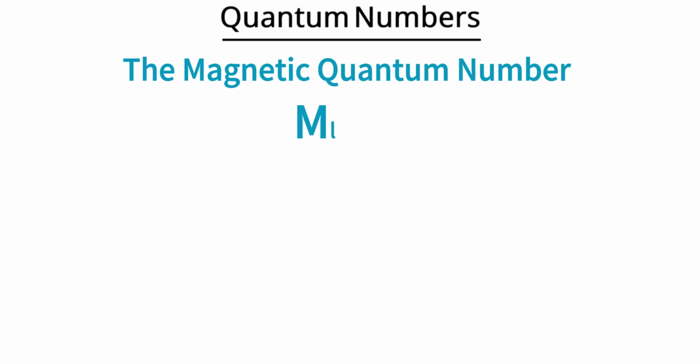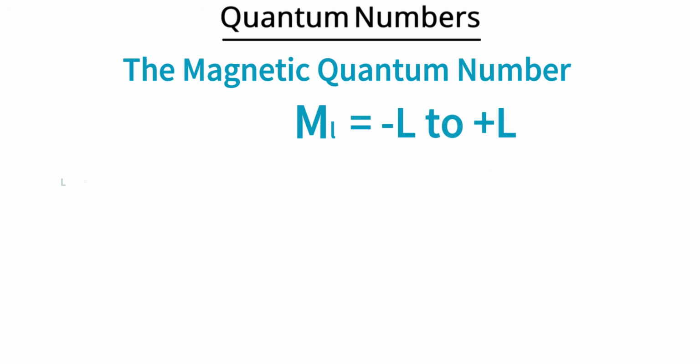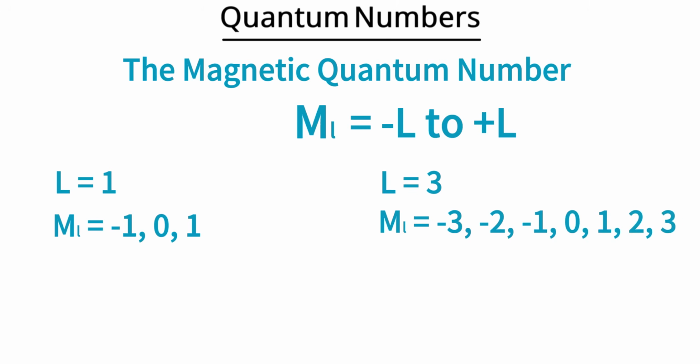The magnetic quantum number describes the orientation of an orbital in 3-dimensional space. The values of ml range from -L to +L, including 0. For example, if L equals 1, then the values of ml are -1, 0, and +1. If L equals 3, then the values are -3, -2, -1, 0, +1, +2, and +3.